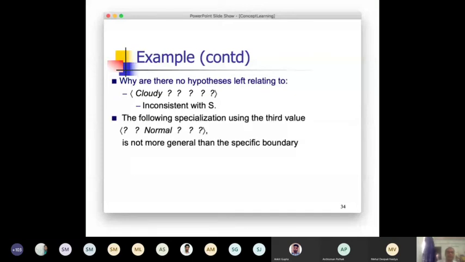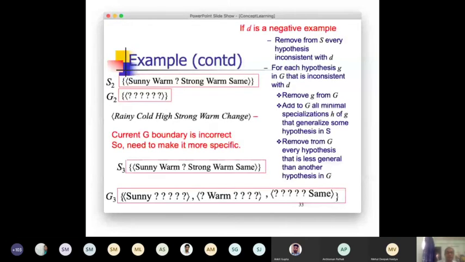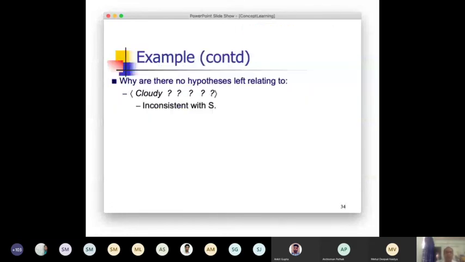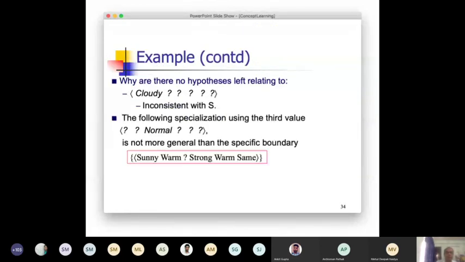So the following specialization is the third value: all question marks, normal is not more general than the specific boundary. If I put normal, I think it is in the third position, no? Yes, third position. So it is not more general. Already there is a question mark there.